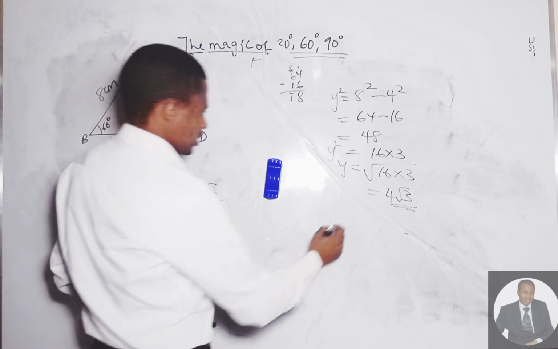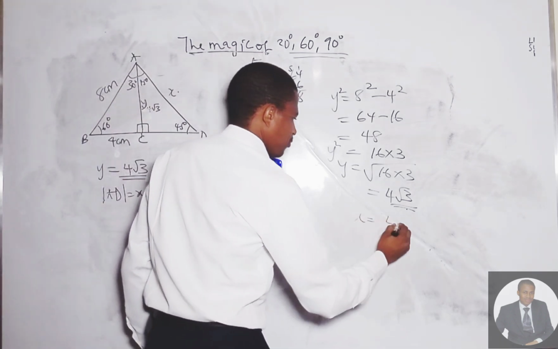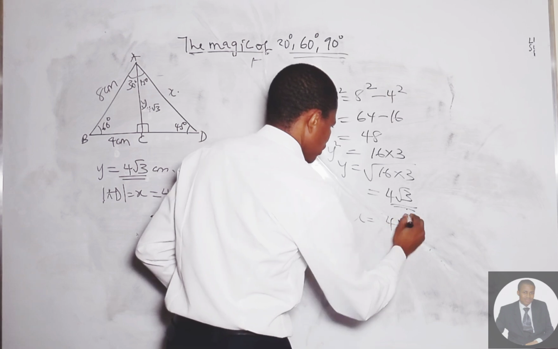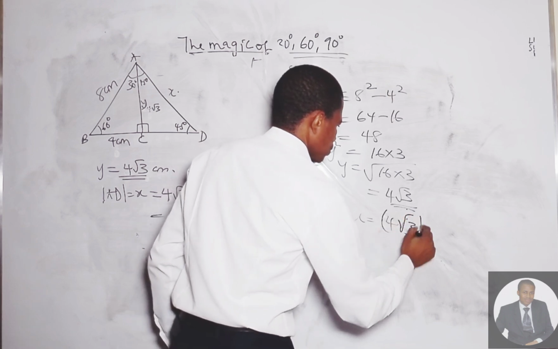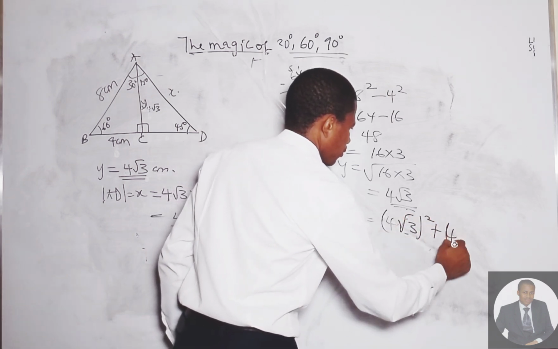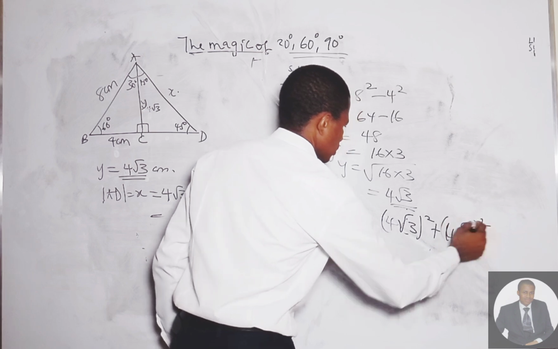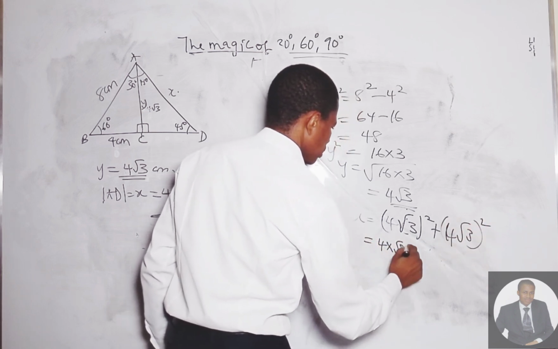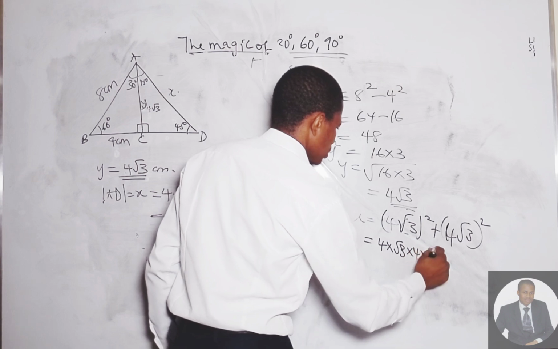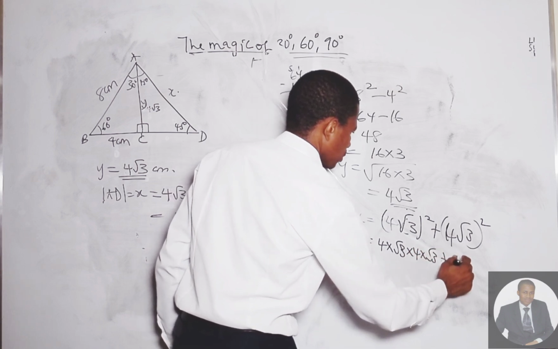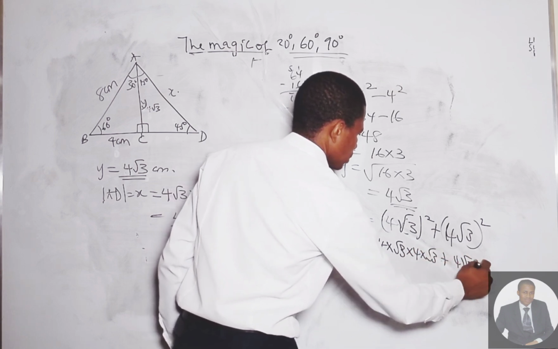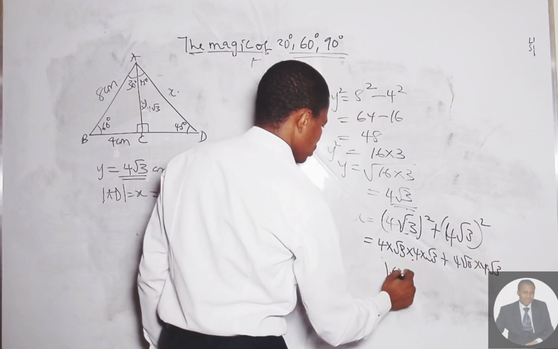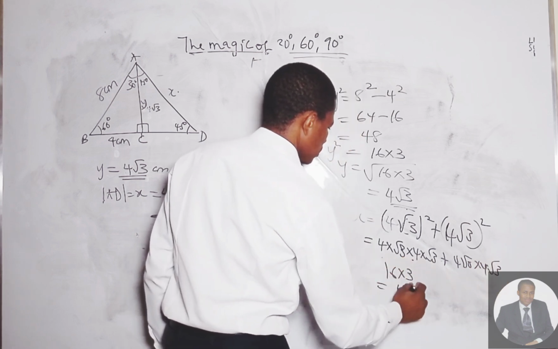So if this is 4 root 3, this also will be 4 root 3. So we can look for our x. x squared will be 4 root 3 squared plus 4 root 3 squared. That will be 4 times root 3 times 4 times root 3, plus 4 root 3 times 4 root 3. 4 times 4 is 16 times 3, that's 48.